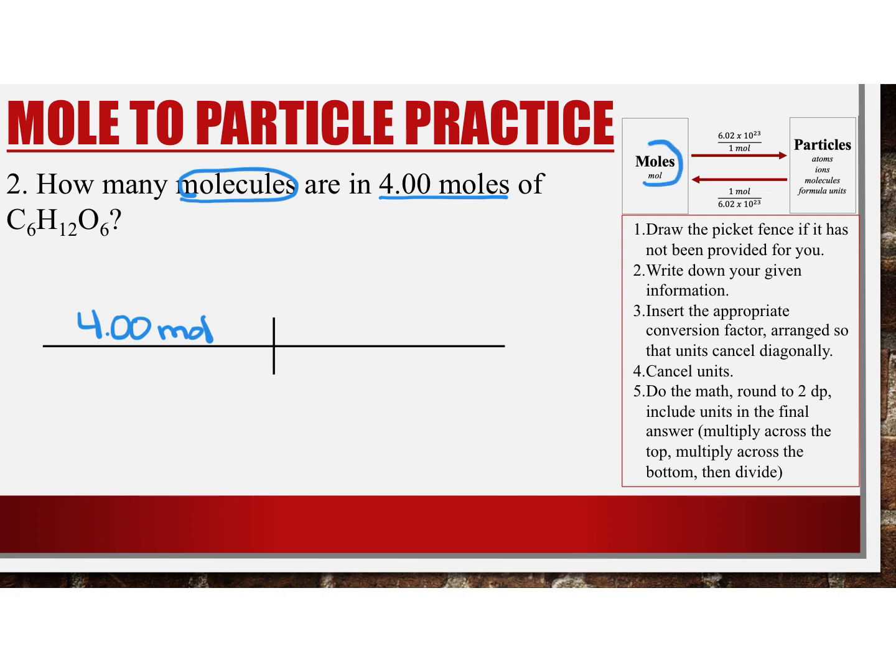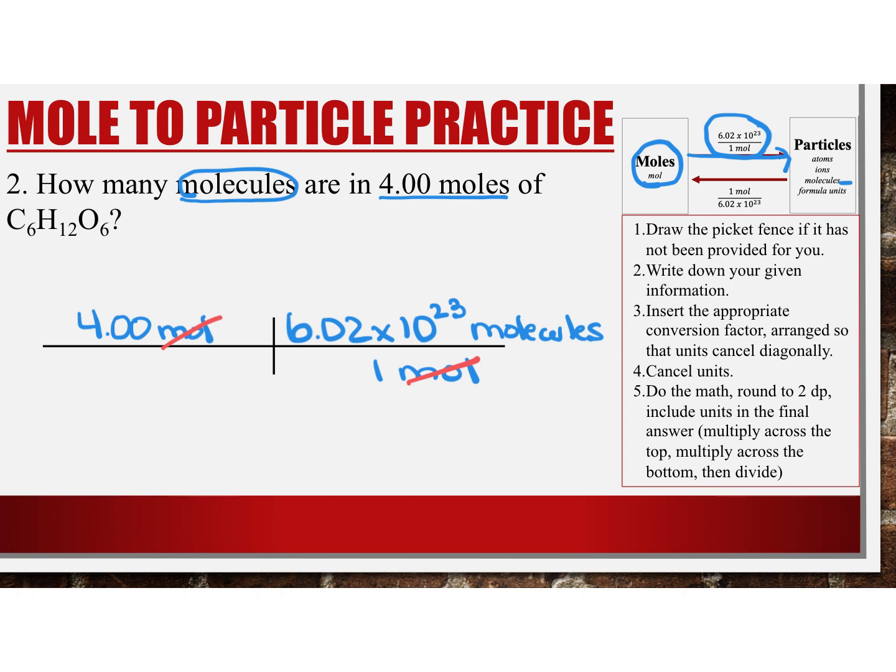So we have moles. We need molecules, so we're using this factor, 6.02 times 10 to the 23rd molecules over 1 mole. We are ready to solve, so we cancel out our units.